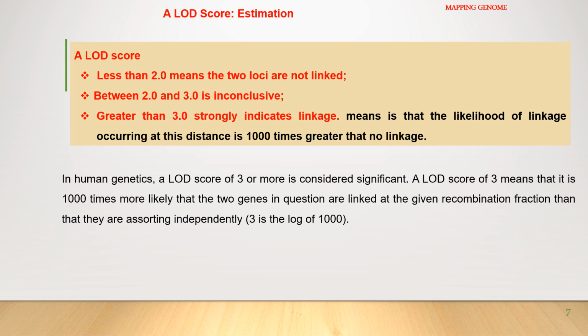That is, the likelihood of linkage occurring at this distance is 1000 times greater than no linkage. We take it as 1000 times because it's the log value. 3 is the log of 1000.